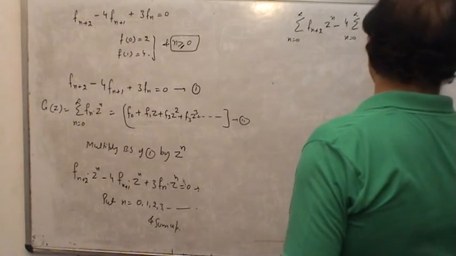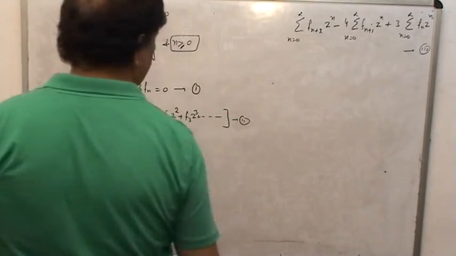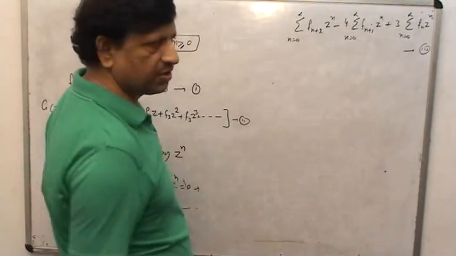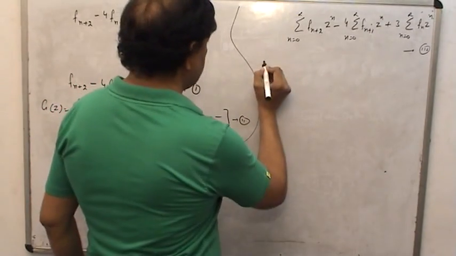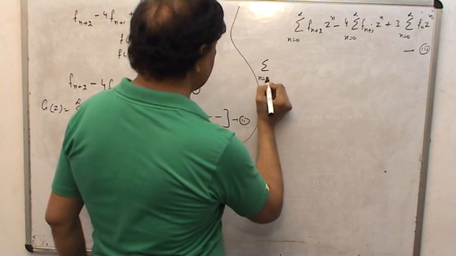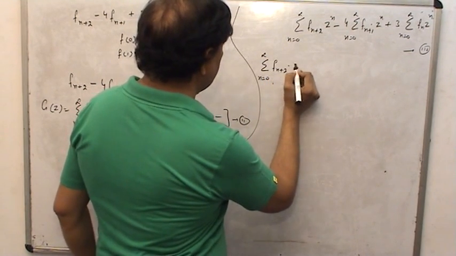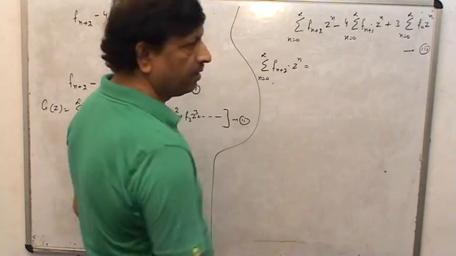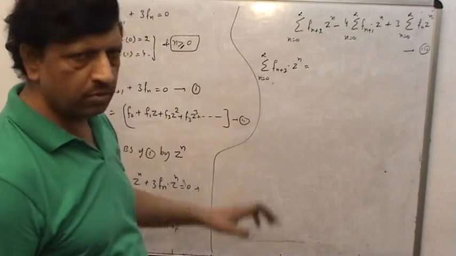Now we consider it number 3. We can find the solution of each term separately or simultaneously. That is, sigma, first term, n varies from 0 to infinity f(n+2) z raised to the power n. Now we start substituting the variation from 0 to infinity.